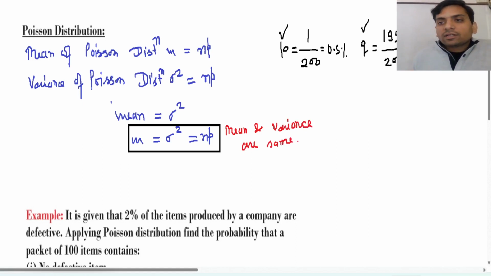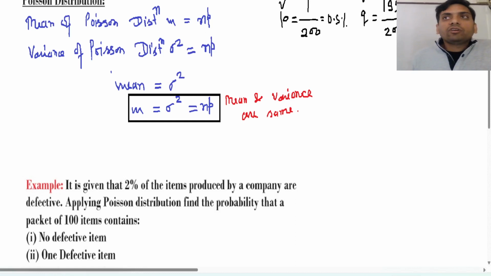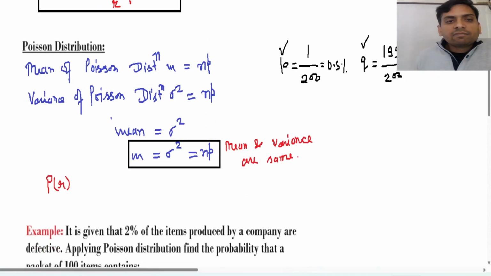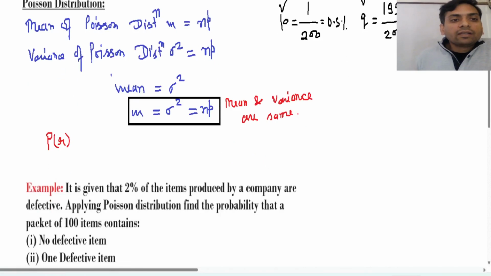Now we will see what is probability of Poisson distribution. So probability of Poisson distribution is denoted by PR, just like probability of binomial distribution is denoted by PR. In that case, it is nCr, p raised to the power r. Clear? Now formula is little bit different for probability.